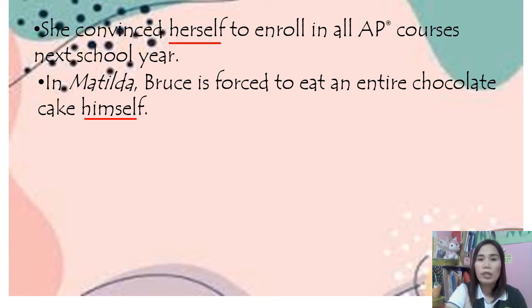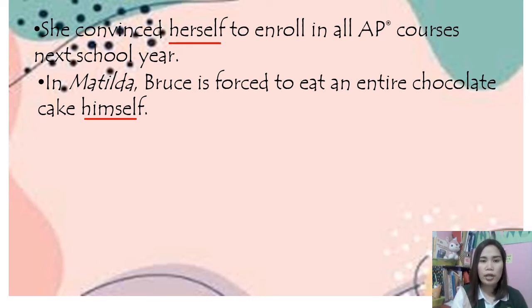Therefore, himself here is not a direct object, or indirect object or object of preposition. Therefore, it is an intensive pronoun. So why? Because we can omit himself without changing the meaning of the sentence. And himself here only intensifies or emphasizes our subject, Bruce.